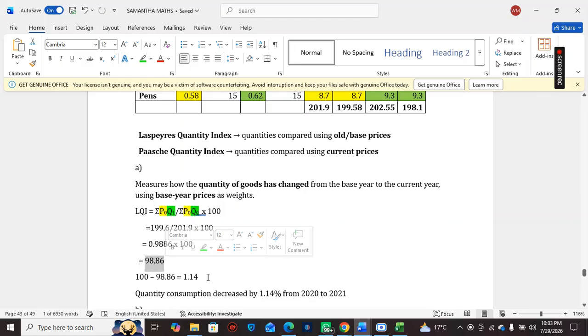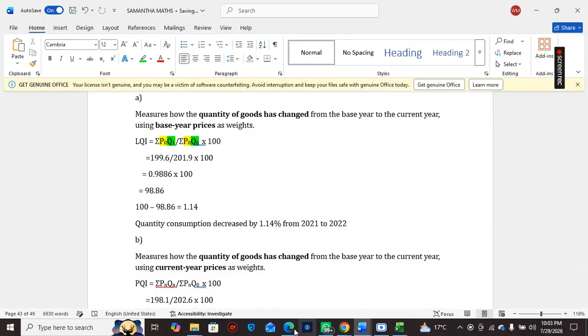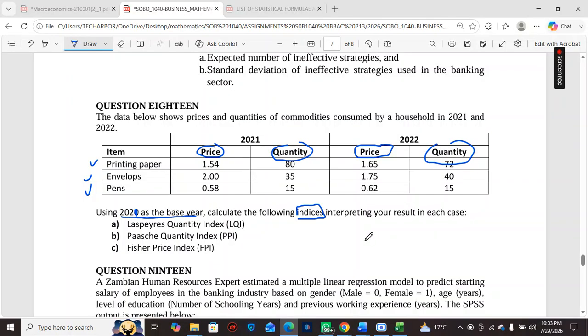So this is 98.86%. Okay, colleagues, these are base numbers. For base numbers, the point of reference is 100.